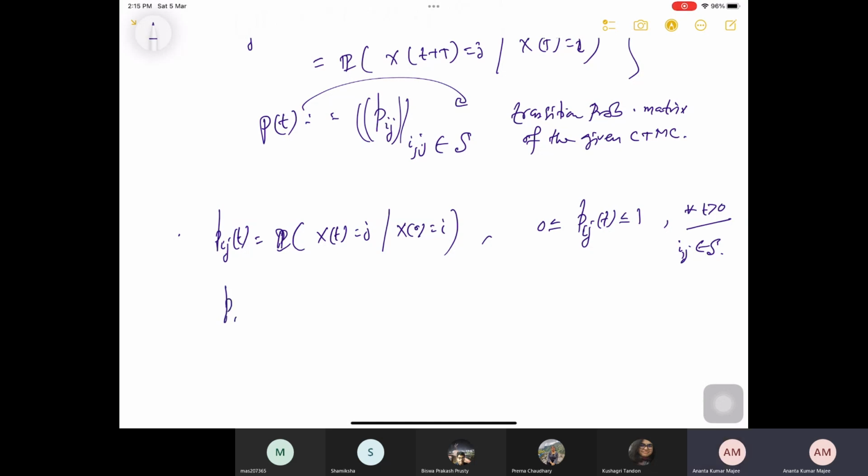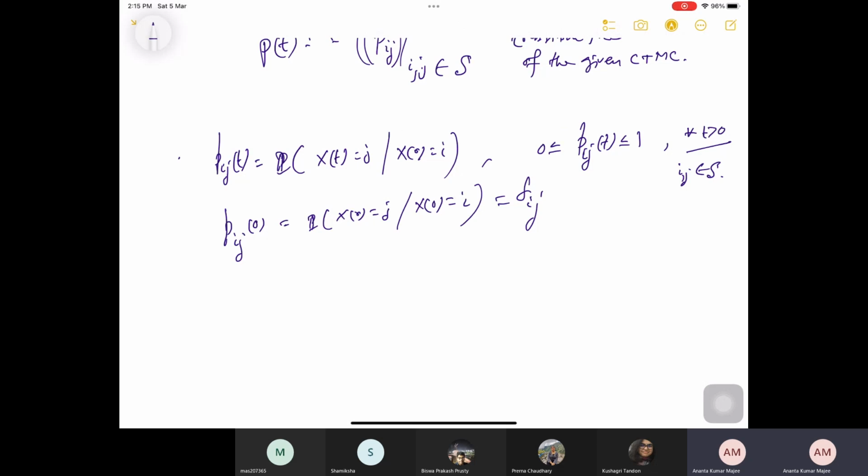And I can think of Pij(0). By definition, this is the probability of X(0) equal to j given X(0) equal to i. So it is something like the delta ij. Because at time 0 you start with i, and then at time 0 you will be in position j. What is the probability? That should be delta ij. So either it is 1 if i is equal to j, and 0 for i not equal to j.